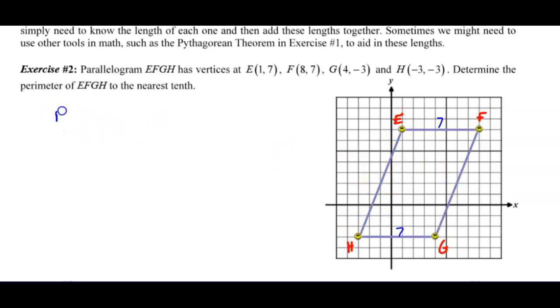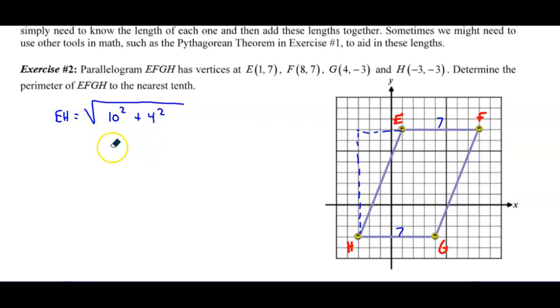So the distance of EH is going to be the square root of the vertical and the horizontal distances squared and added together. So the vertical distance goes from -3 up to +7. So that vertical distance is 10 units, and the horizontal distance is 4 units. Again, I'm just making a right triangle going up and across between 2 points.